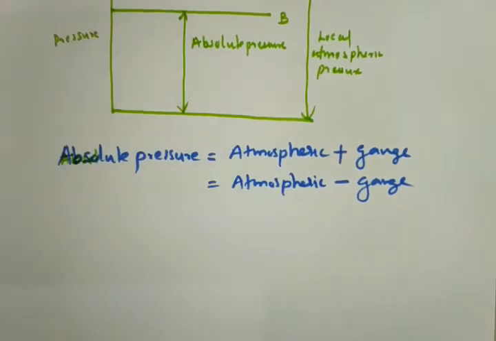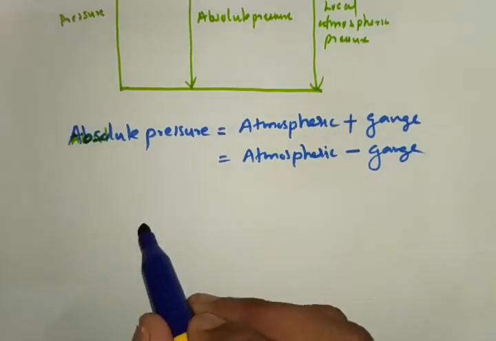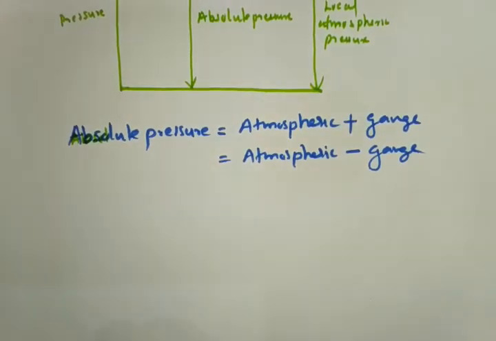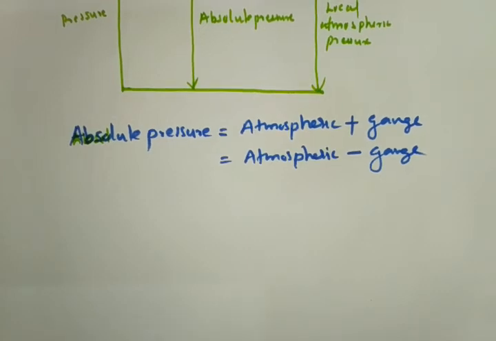Okay, so what it means: the manometer measures a pressure of 40 bar. It means that it is 40 bar greater than the atmospheric pressure. And if it measures a vacuum of 20 bar, it means that it is 20 bar less than the atmospheric pressure. So generally, for convenience, we take the gauge pressure.